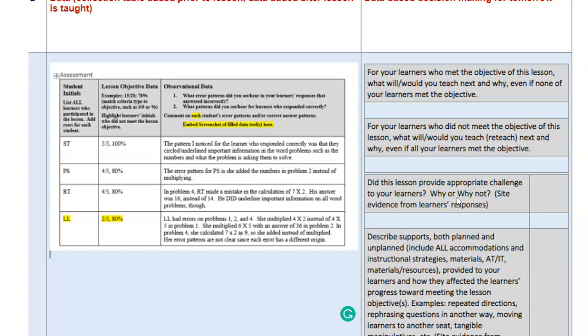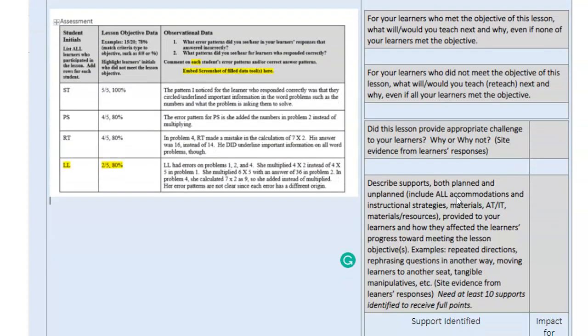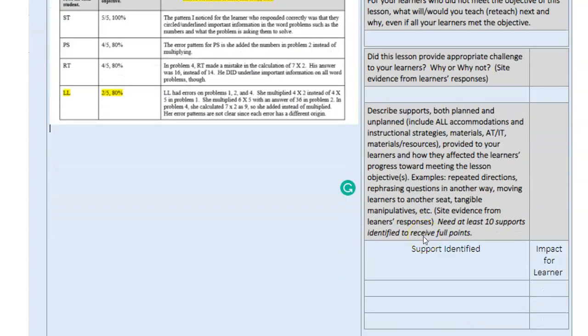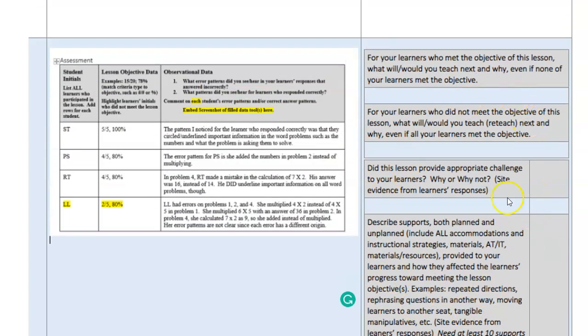Did you provide an appropriate challenge to your learners? Why or why not? And then what supports were beneficial and why they were beneficial. So you can go ahead and copy and paste these questions right from the instructional plan reflection template into your concise plan templates as well, as a way to make sure you're always getting that information and thinking about your next steps.